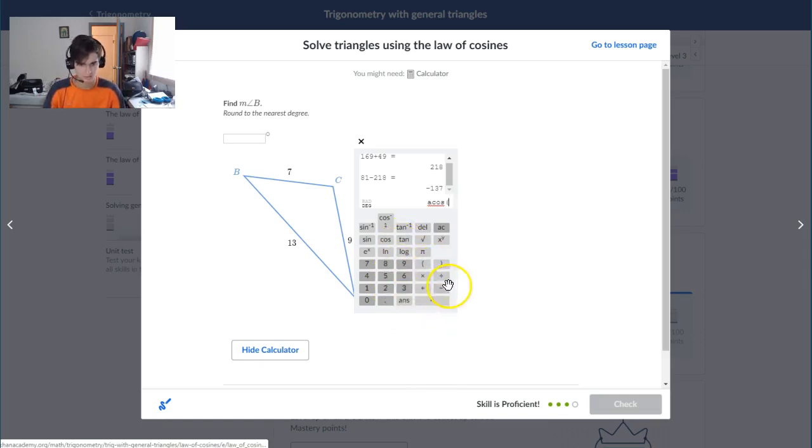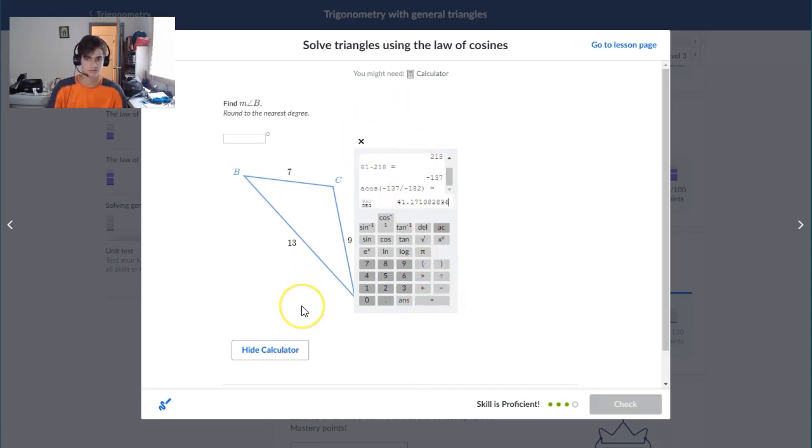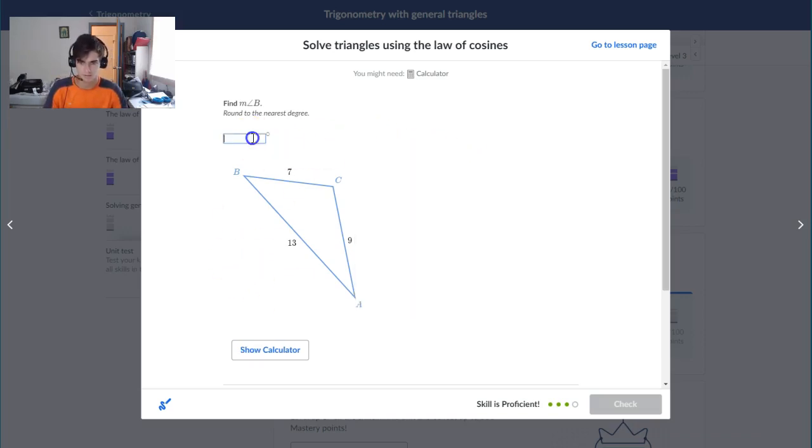So let's see, negative 137 divided by negative 182 equals 41.171. So that rounds to about 41, because it asks us to round to the nearest degree. So let's type that in, enter, and we are completed.